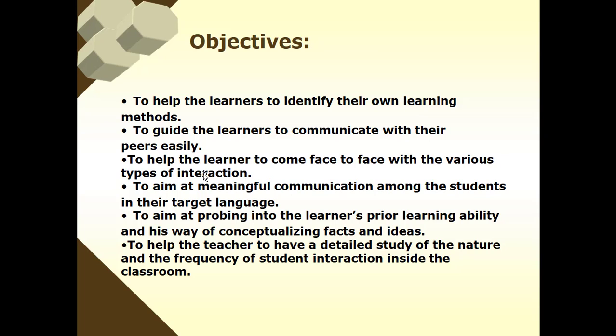Over there, you see six different objectives, right? So, the first one is to help the learners to identify their own learning methods. Number two, to guide the learners to communicate with their peers easily. Then, to help the learners to come face to face with the various types of interaction.